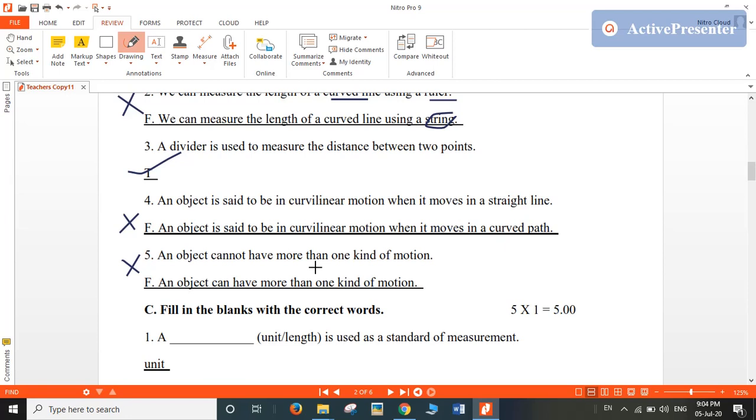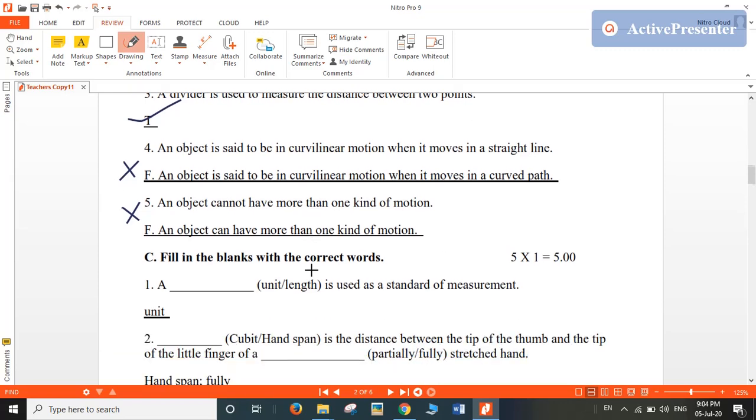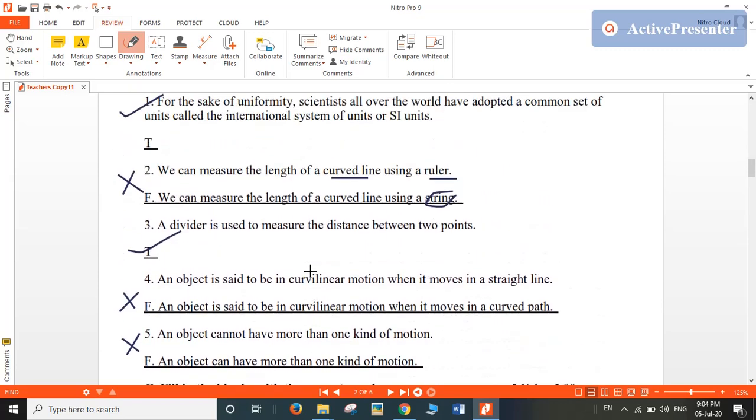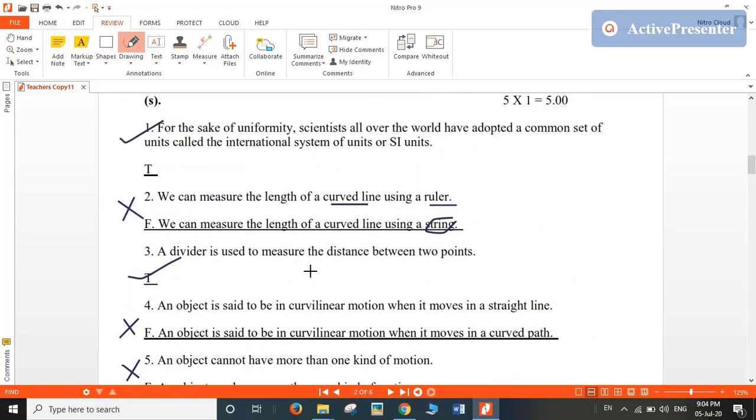It means it has rotational motion as well. So the bicycle has two motions, one rectilinear and another rotational. So an object, if it is moving, may have more than one kind of motion. So these are the answers of this exercise.